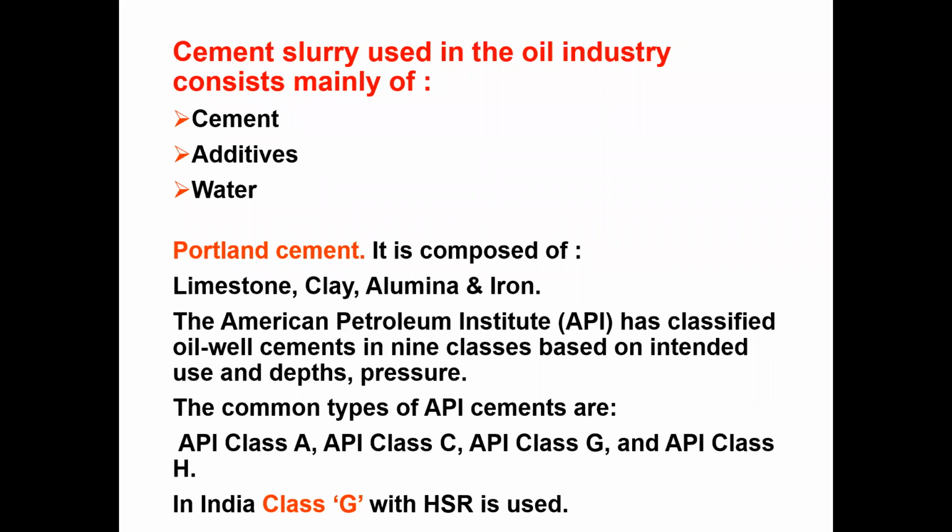For HSR, the tricalcium aluminate present in the cement should be less than 3%. That is the requirement to be HSR. So generally HSR cements are used to take care of sulfate ion attack on cement.